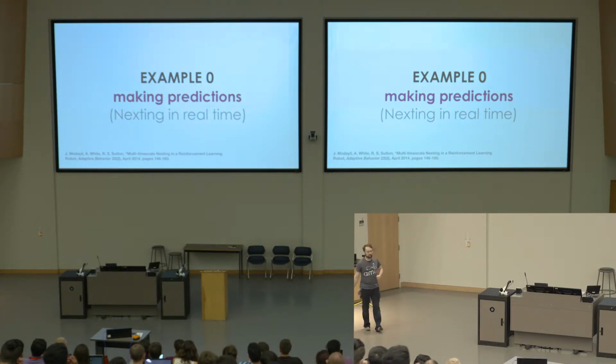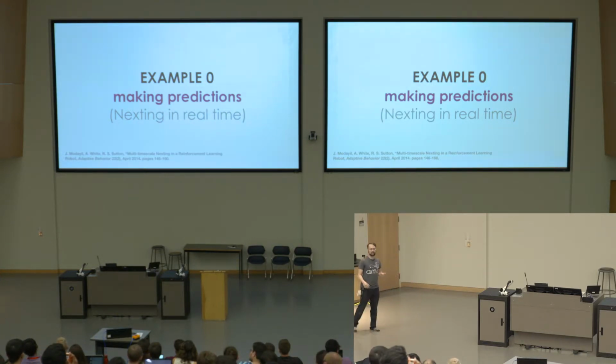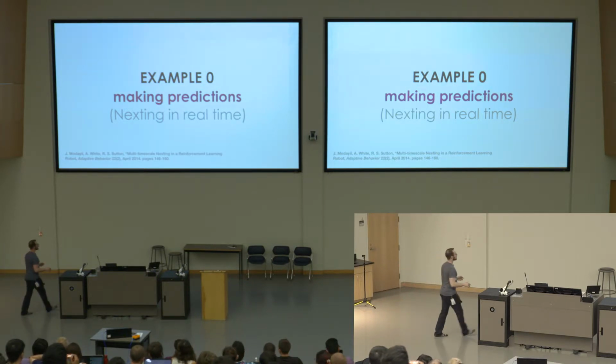Joseph, Adam, and Rich wrote a really cool paper about this that was published in a workshop and also then published in the journal Adaptive Behavior. So I encourage you, if you're curious about this and some of the talk of prediction learning and temporal difference learning earlier in the week got you excited about it, this is a really nice paper, all about how systems can learn what's going to happen next with respect to their own data streams.